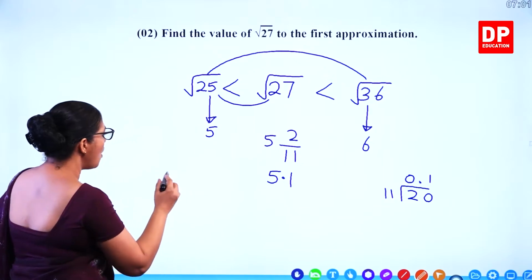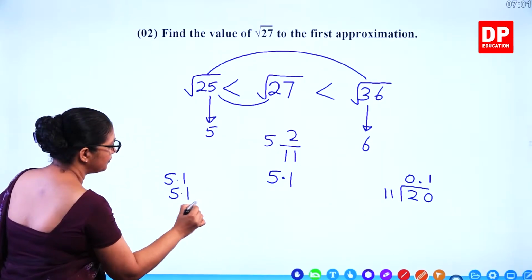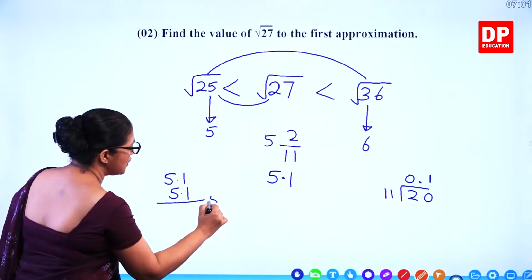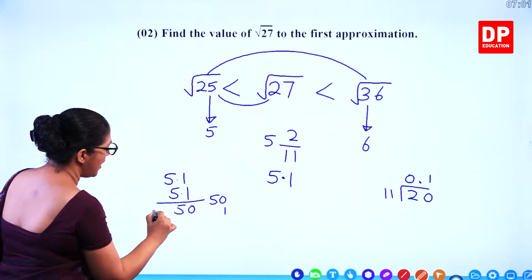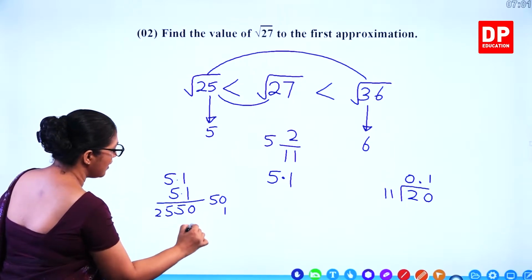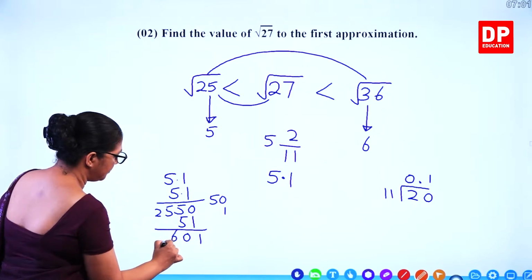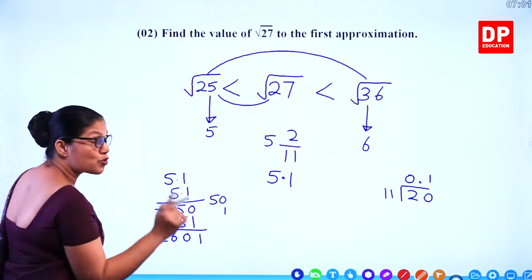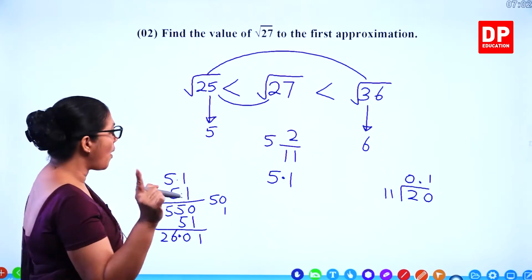We'll check now 5.1 times 5.1. So that means 50 and 1. So 1 and 25. Keep 2 decimal places. So here 26.01.